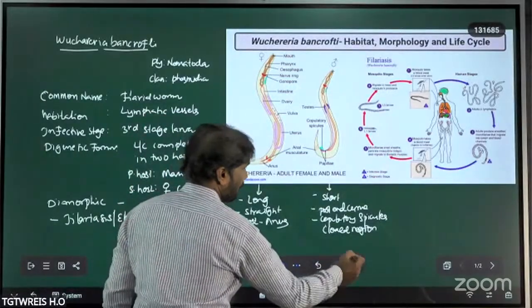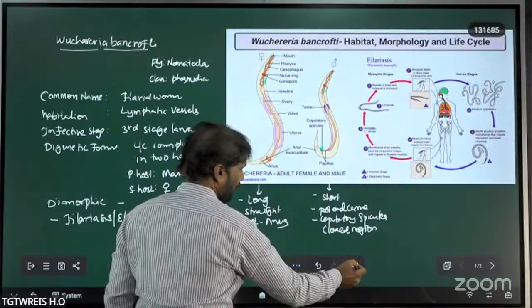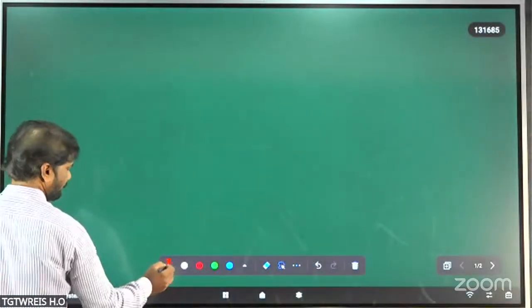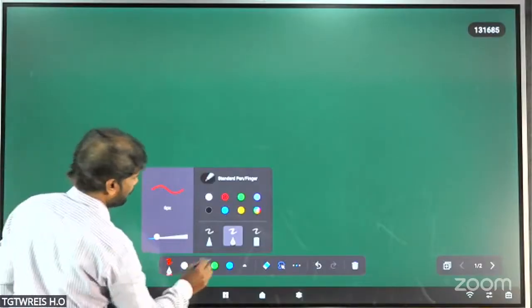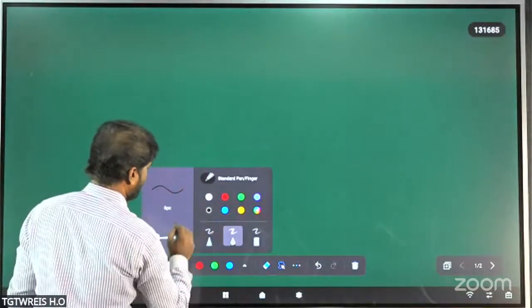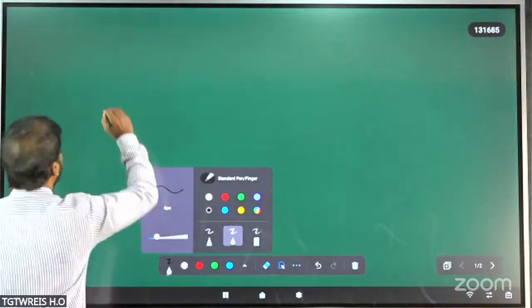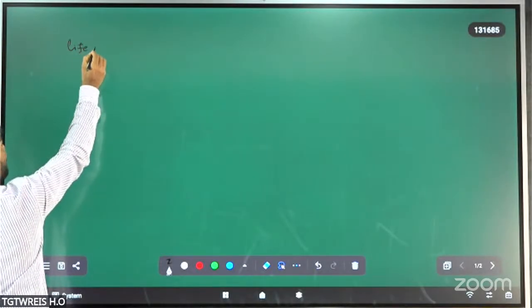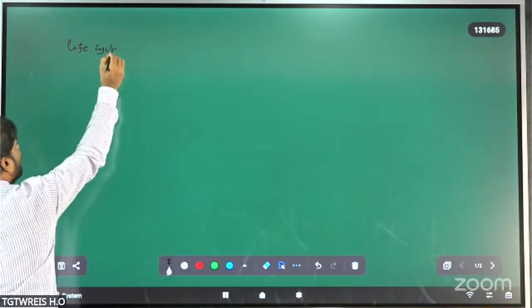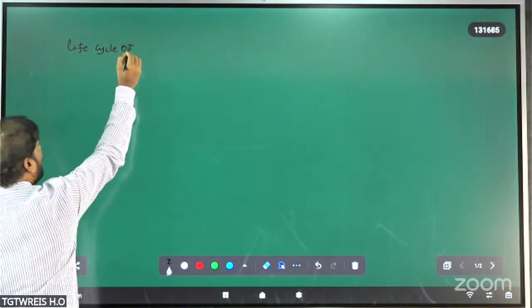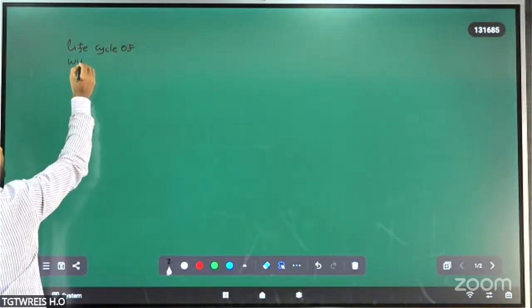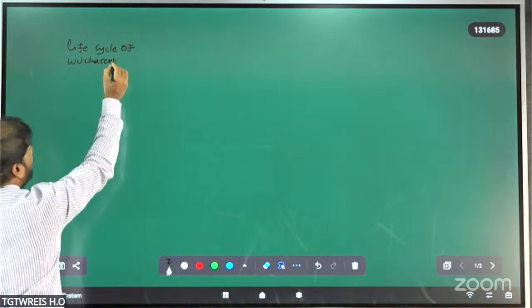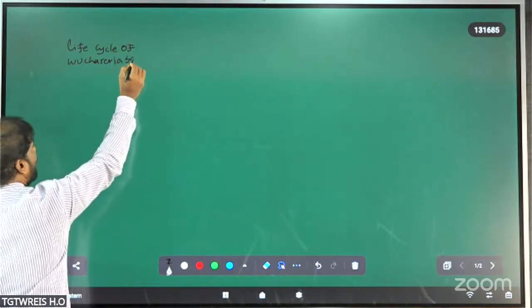Okay, that is the life cycle of Wuchereria bancrofti.